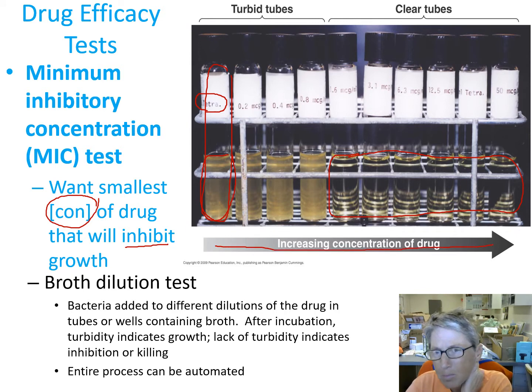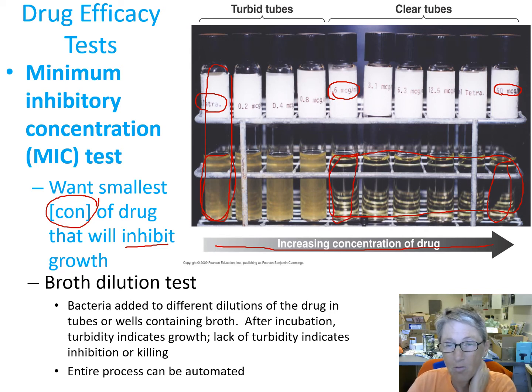So at 50, I don't know what the denominator is, but this 50 micrograms per mil, probably, that's a really high concentration of the drug, 50 micrograms per mil, killed the microbes. That's great, but check it out. 1.6 micrograms of the drug per mil also killed the bacteria effectively.